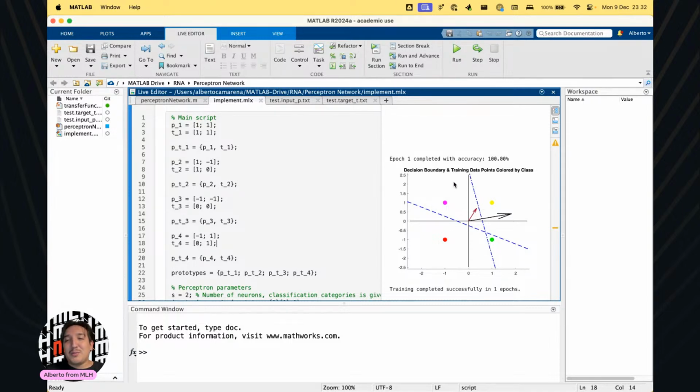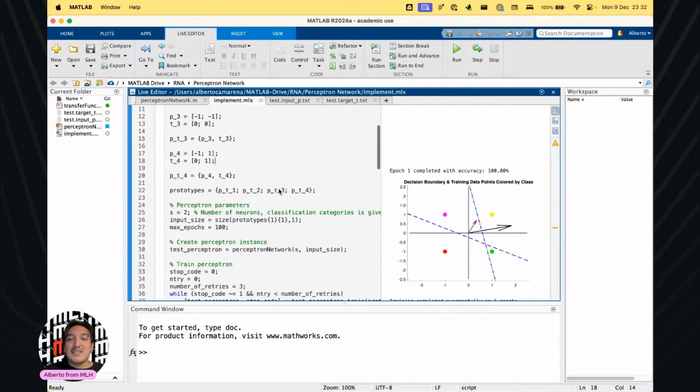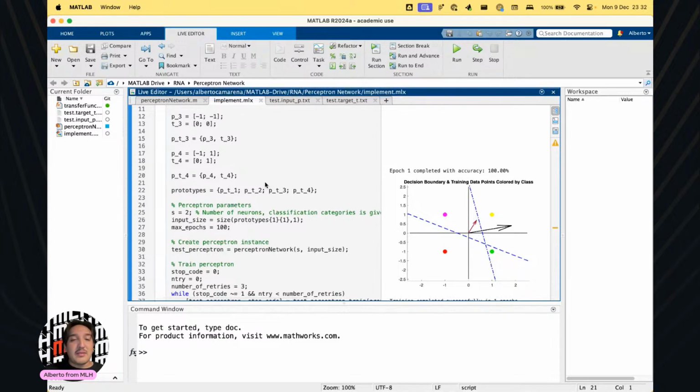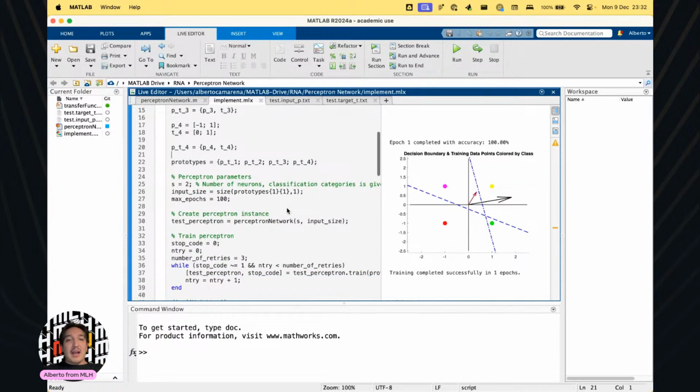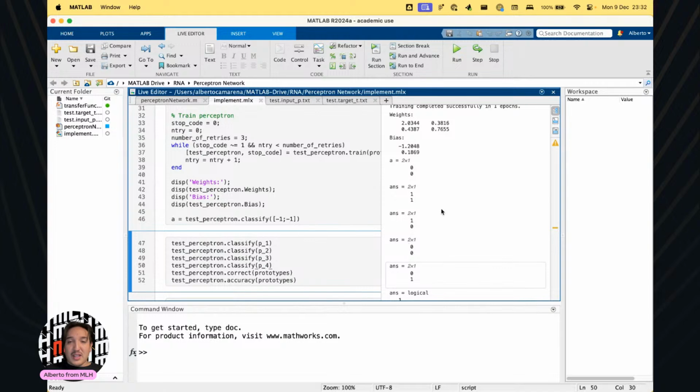So why is your program doing all of this? Well, it's a valid solution because I'm just telling the program to classify using these 4 elements. And for these 4 elements, if I test them, the solution will be exactly what I wanted.